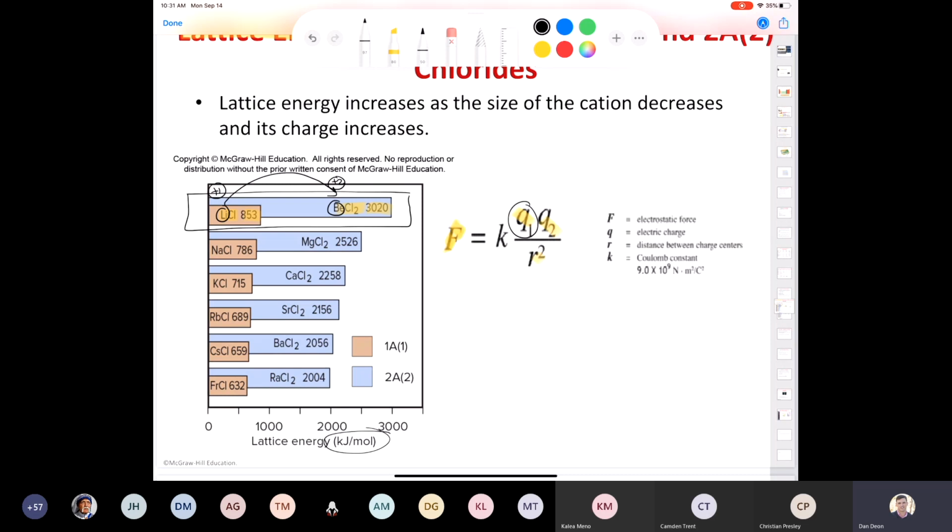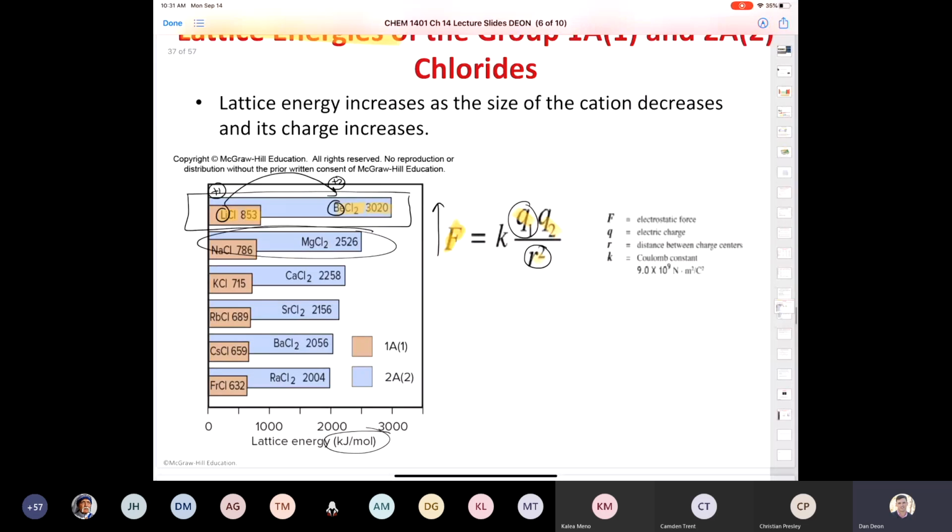Yeah, exactly. Beryllium is smaller. So that means it's going to have a smaller radius. And what's that going to do? It's going to cause the lattice energy to increase. So that explains why as we go from lithium chloride to beryllium chloride or from sodium chloride to magnesium chloride, the lattice energy gets stronger and stronger and stronger.